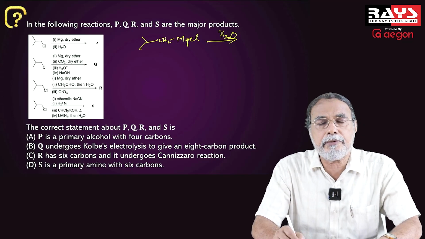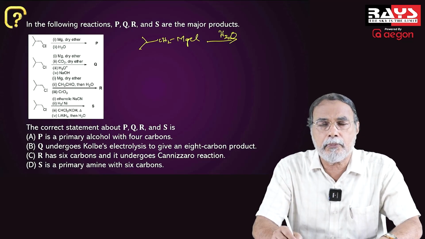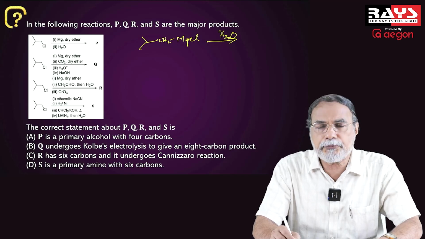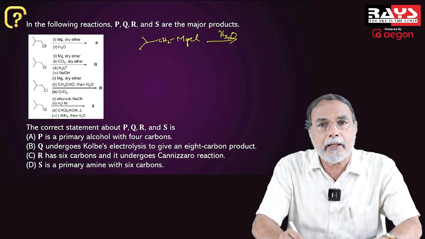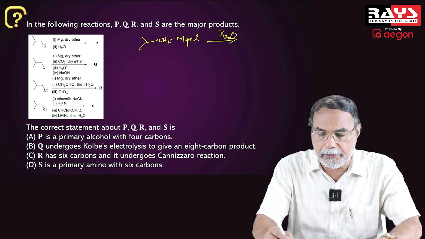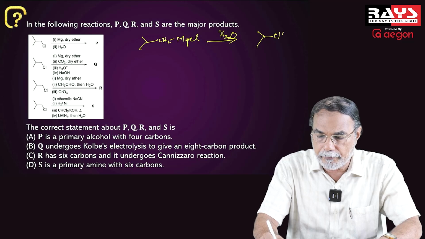the Grignard reagent is characterized by a very important reaction of reacting with the molecules which contain active hydrogen. So this hydrogen of the water molecule will be taken up by the carbanion part of the Grignard reagent to give a hydrocarbon molecule plus MgClOH.